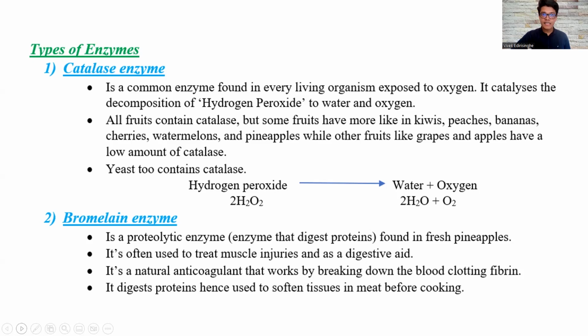Secondly, bromelain enzyme, which is a proteolytic enzyme, or an enzyme used to digest proteins, found in fresh pineapples. This enzyme is used to treat muscle injuries, as a digestive aid, and it is also a natural anticoagulant that works by breaking down the blood clotting fibrin. And it digests proteins, therefore it is also used in cooking to soften tissues in meat.